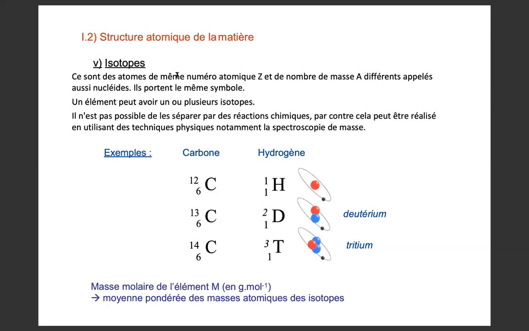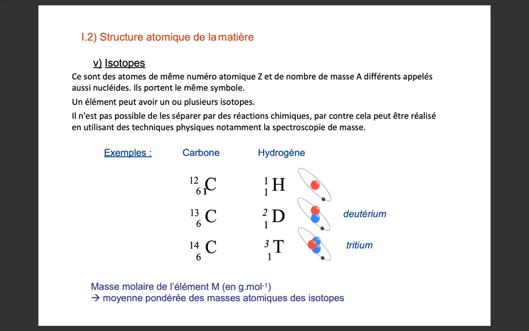So when we say atomic number Z, which is also the number of electrons or protons, we separate it from the mass number, which is the mass of an atom made up of the neutrons and the protons.